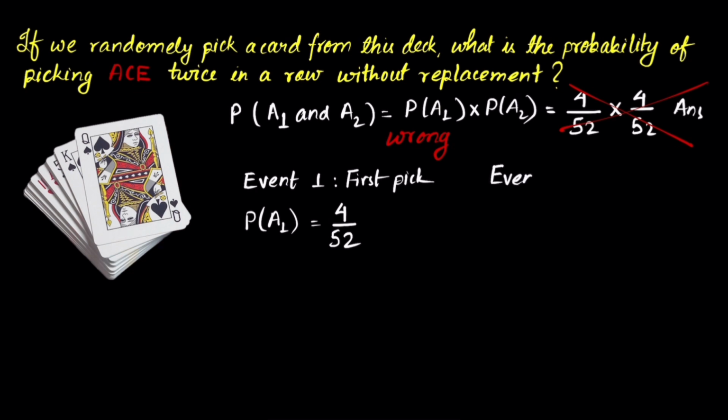Now let's look at event 2. That is, right after picking the first card, you pick the second card. So in the second pick, the probability of picking an ace card is not equal to 4 by 52. The reason being, once you have picked ace in your first pick, the total number of cards in the deck has decreased. There were 52 cards, now there are only 51 cards because one card has been removed.